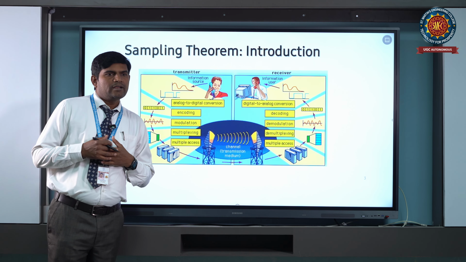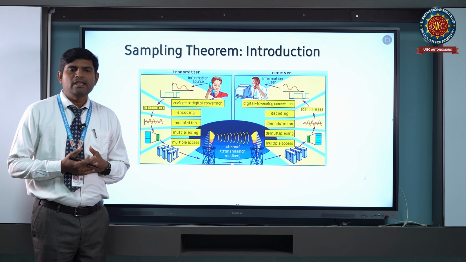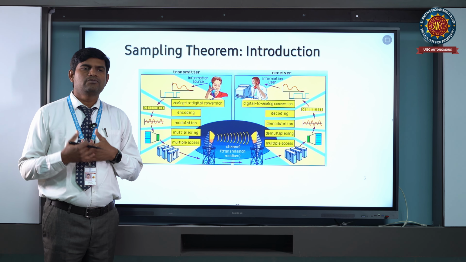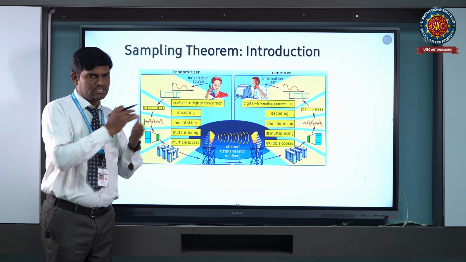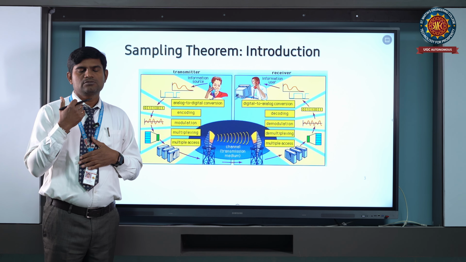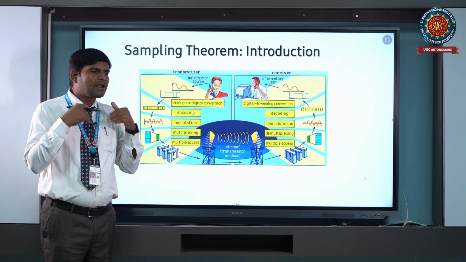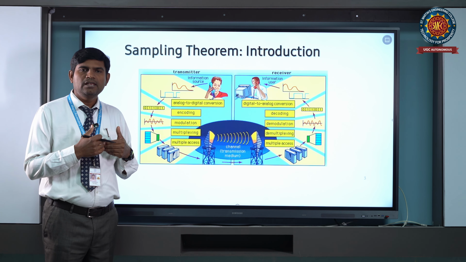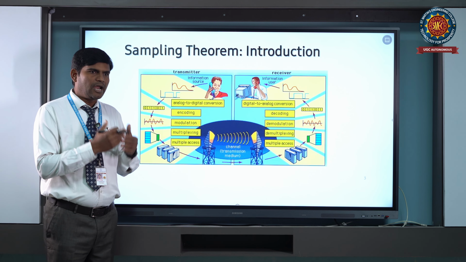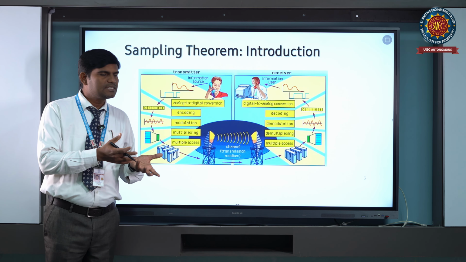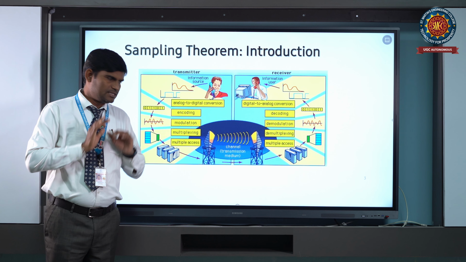The sampling theorem plays a vital role in conversion of analog signal into digital. The first and foremost step to be performed is sampling, that means representing a continuous time signal in discrete form, and then quantizing that discrete signal leads to a digital signal.